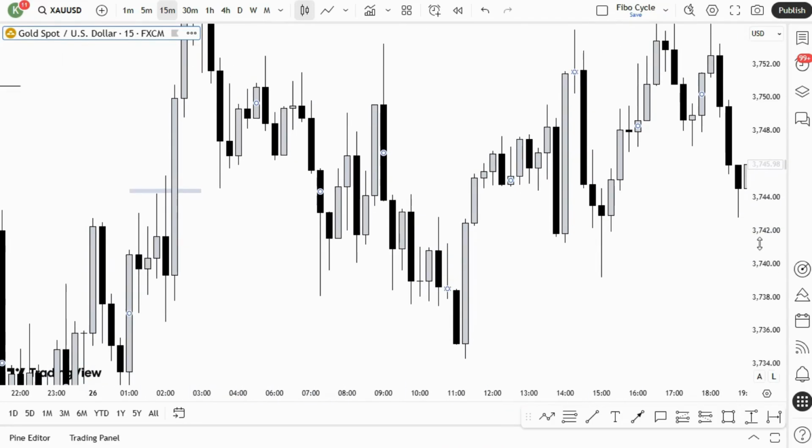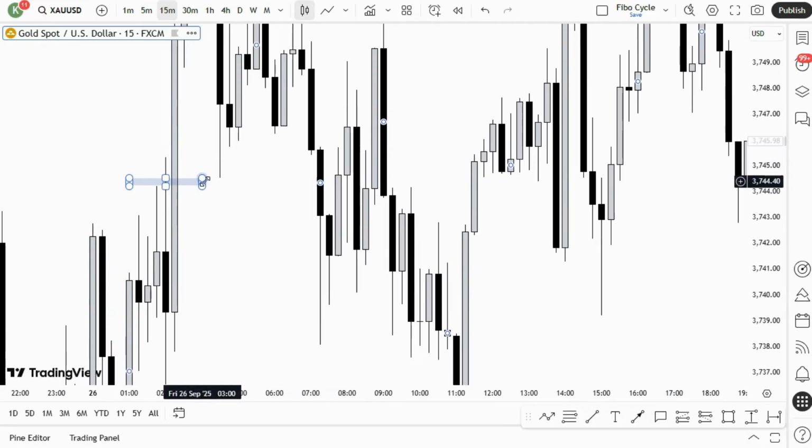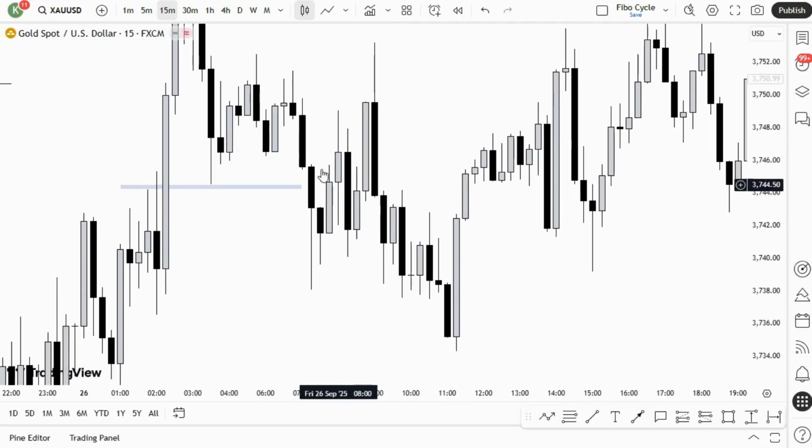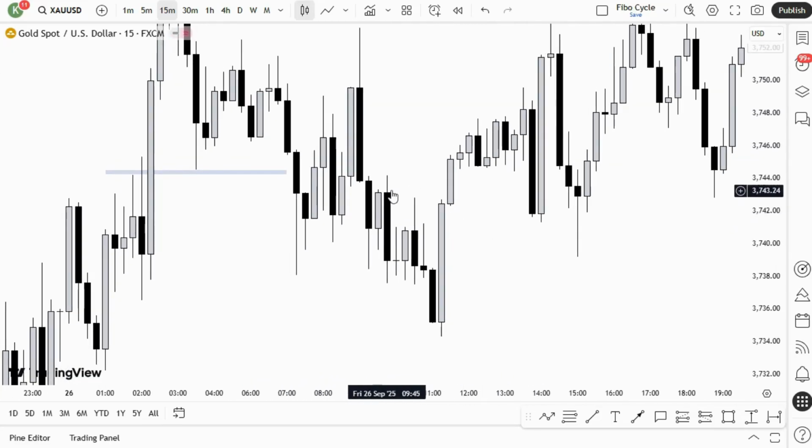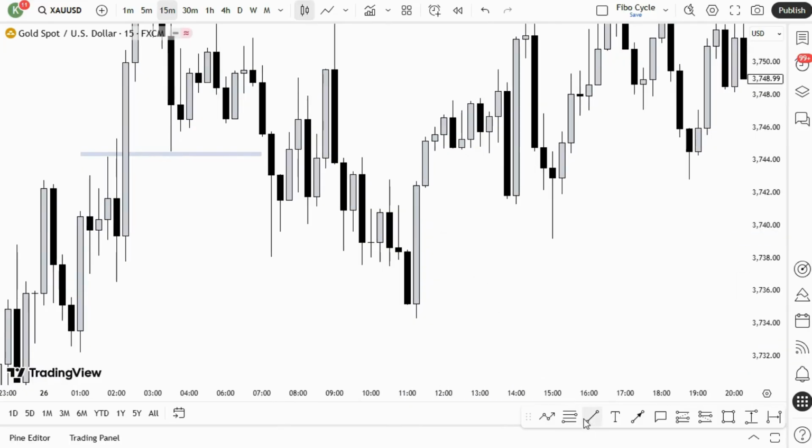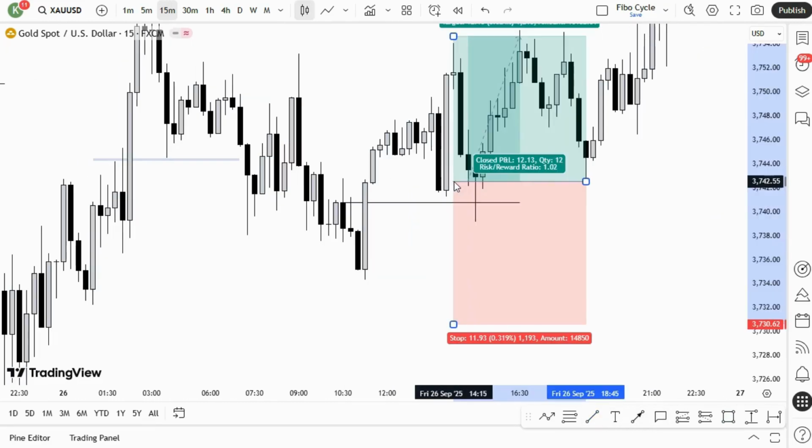We wait for price to get traded back into this H1 fair value gap, and we can see price took some time to get traded back into this fair value gap, and wait for an in and an out. Okay, so here we have an in and out here. This could have been our entry.